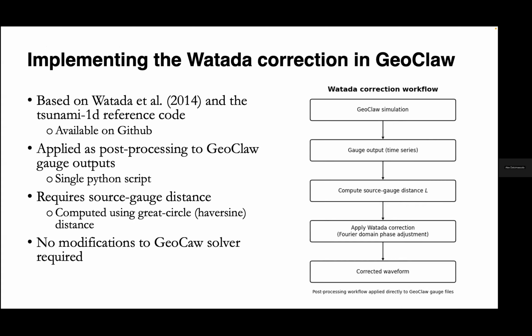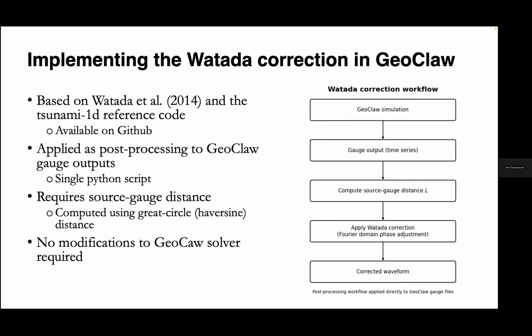For implementation into GeoClaw, I followed the methodology from Watada et al. 2014 and used the Semi 1D code as reference, which is also publicly available on GitHub. The correction is applied as a post-processing step to the GeoClaw gauge outputs using a single Python script. The key input is the source to gauge distance, which I compute using a great circle distance between the source and each gauge location with the Haversine equations.